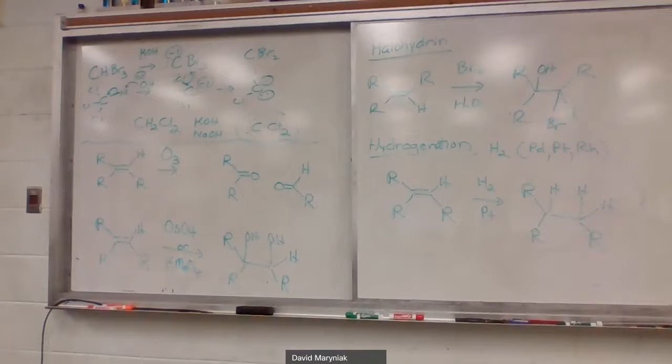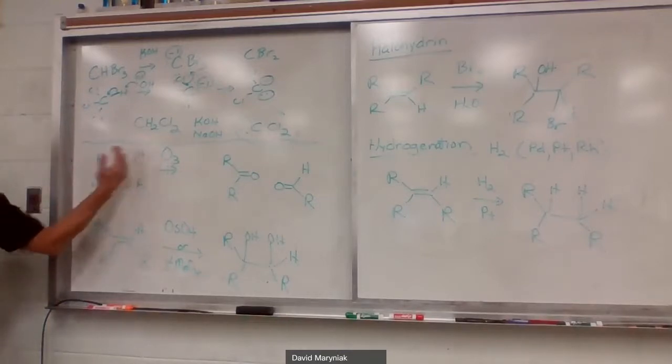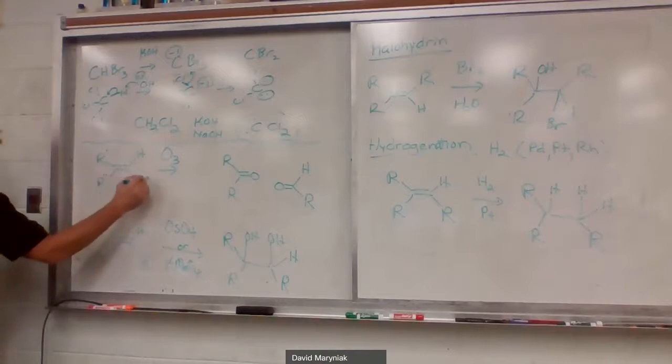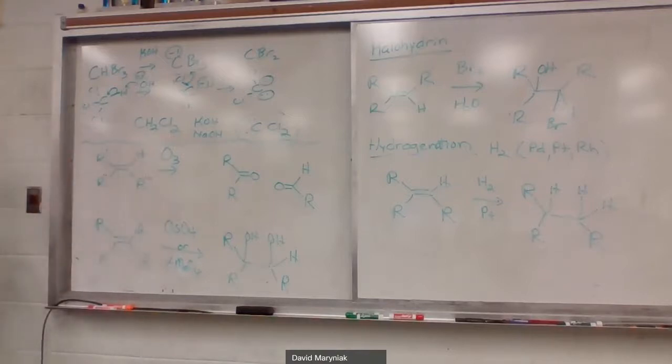And if you look at that alkene, would you say symmetrical or asymmetrical? In other words, is that matched by that? Or do the ene carbons have different groups on it? So it's asymmetrical.